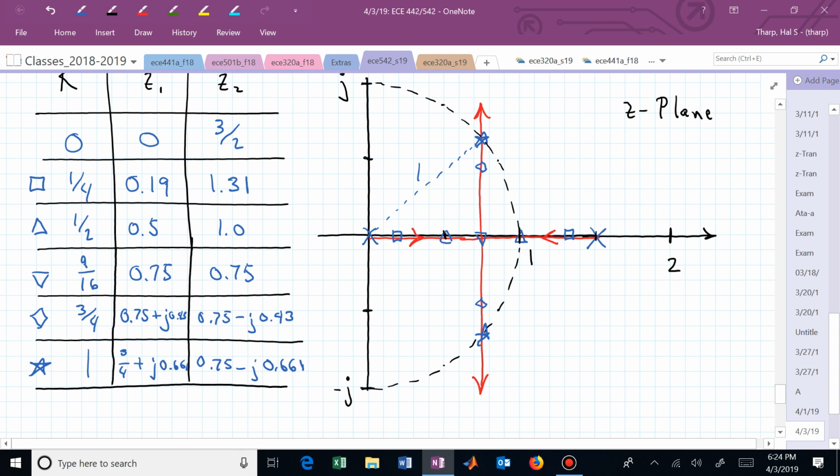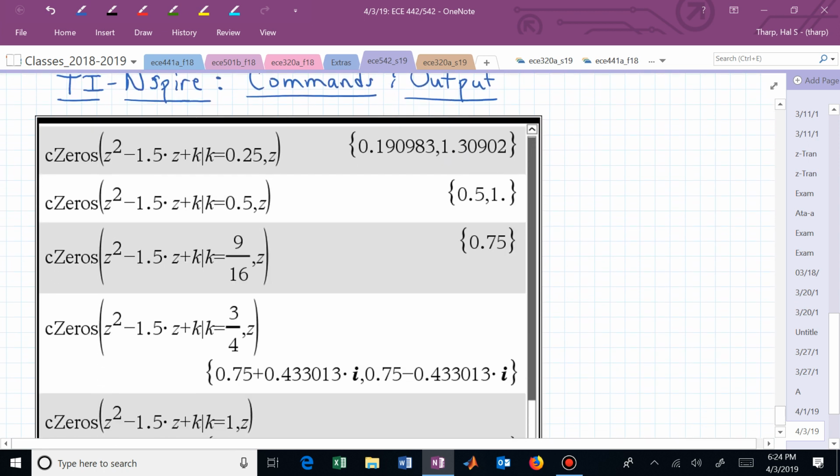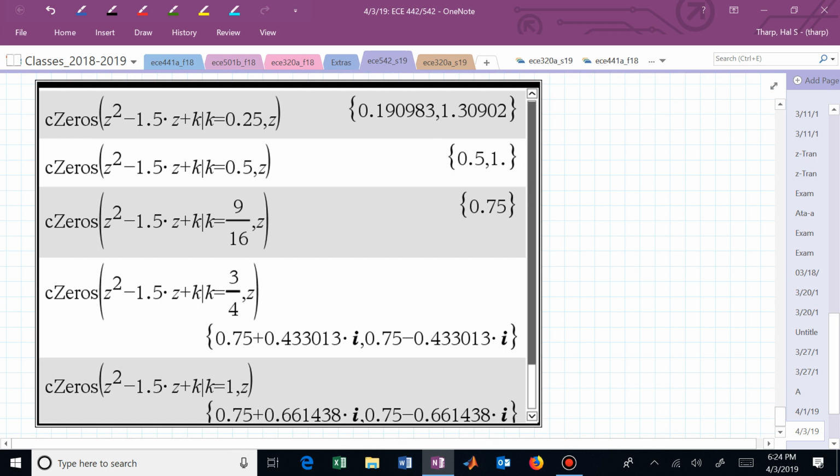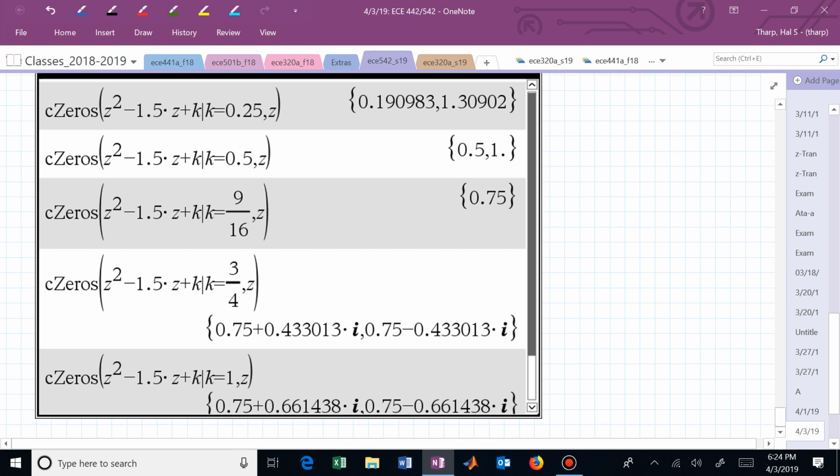And what we were saying is this particular point, z star, was now 3/4 plus jy, but we know that 3/4 squared plus y squared must equal 1, and you can solve that for y. That's what I'm trying to suggest. Questions on that? And there are some commands if you want them for a particular calculator.